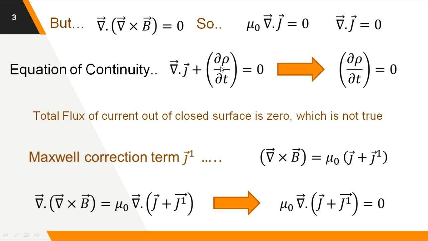This is a very important step. See, A plus B equal to 0. If I consider A as 4, then B should be minus 4, that is fine, there is no doubt about it. A plus B equal to 0 is mathematically valid. But if this term is 0, what is left?